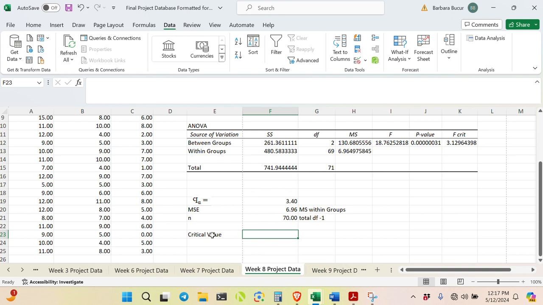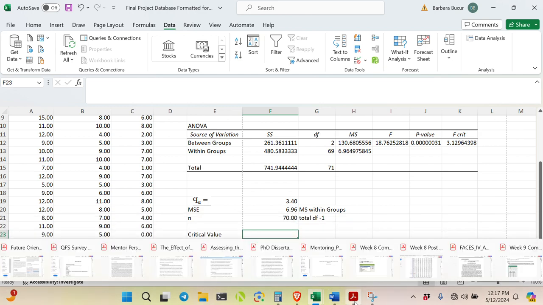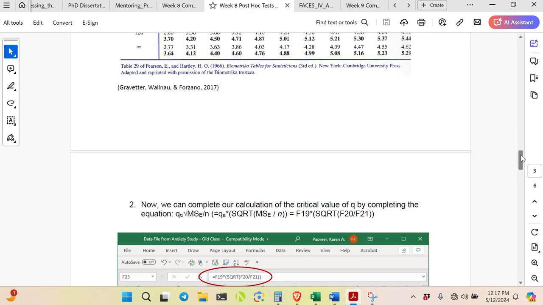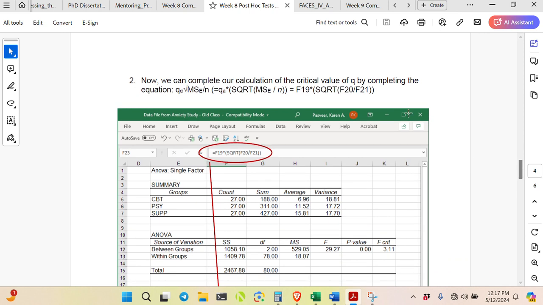And then I want the actual number in this cell. So this is also in this lecture. So this is the formula you're going to use. You can either refer to the cell that we typed the number in, or you can refer to the actual number. So the number in cell F19, or you can just type that number.